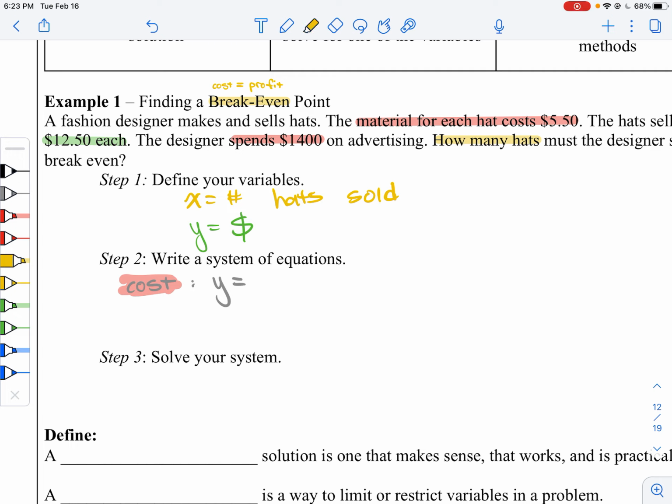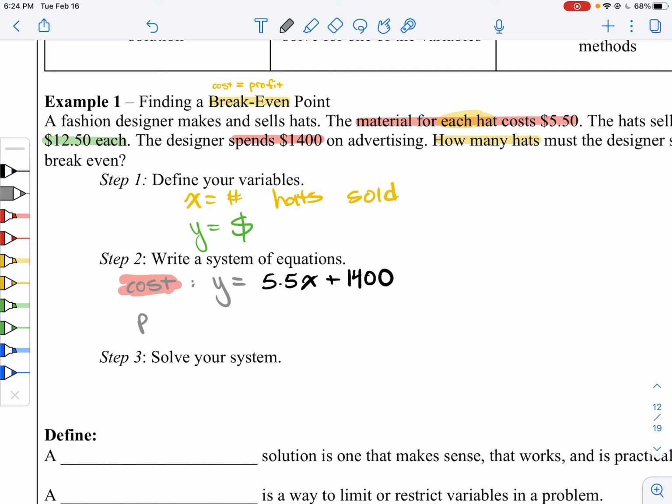Remember, number of hats is X. So I'm going to say 5.5 times X. Another cost is $1,400. This is a one-time payment of $1,400 on advertising. It's not that we advertise $1,400 per hat. No, it costs 5.5 per hat. So that's a cost equation.